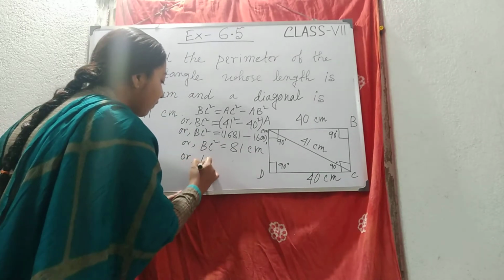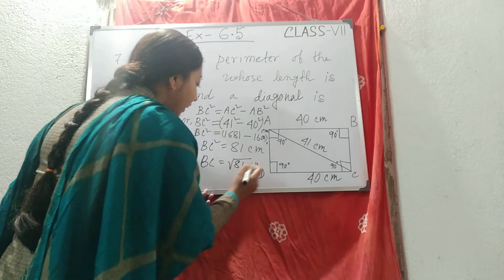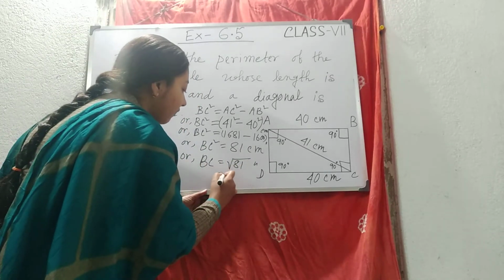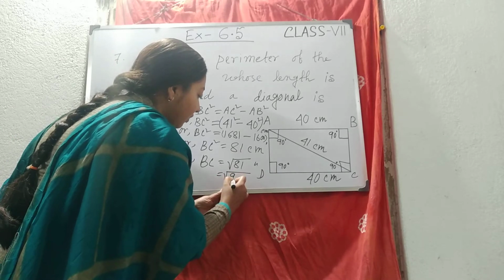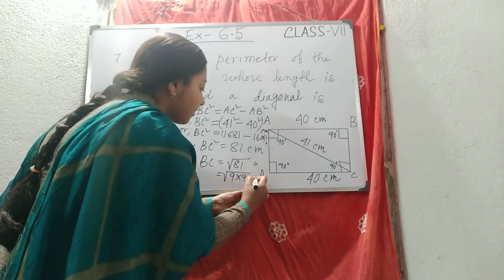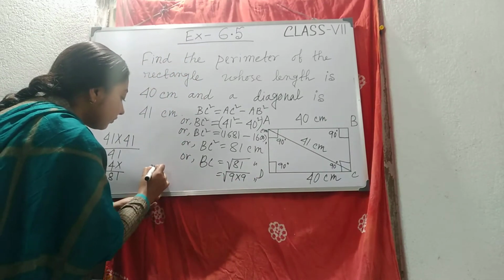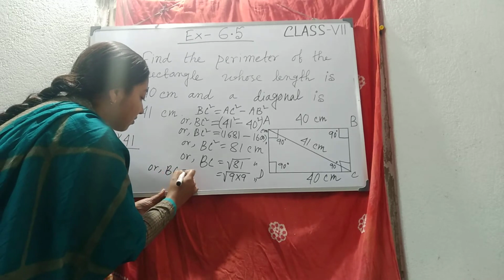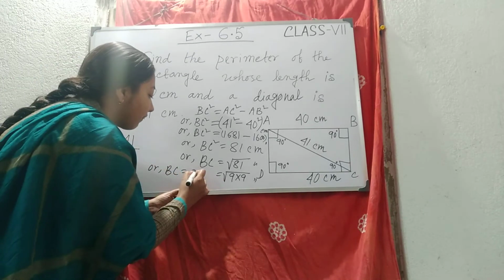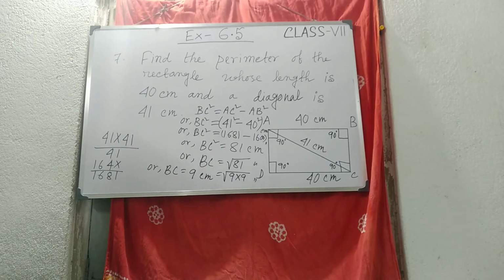So BC equals square root of 81. Okay. Square root of 81 means root of 9 into 9. 9 into 9, 81. So from this, 9 will come out. So BC equals exactly 9 centimeter.